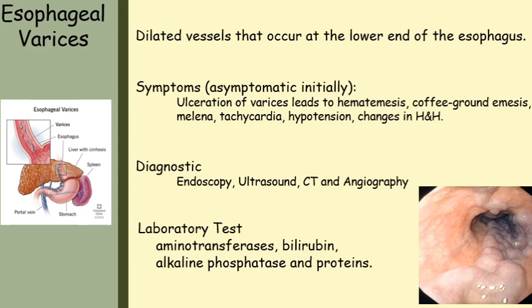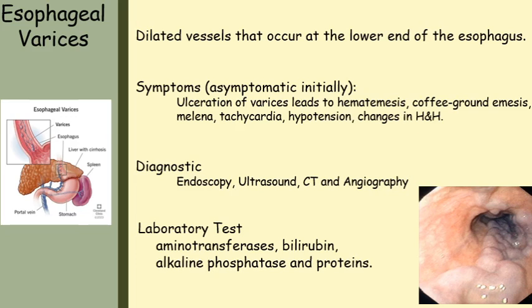They are very fragile, making them prone to rupture as the portal pressure increases. Rupture of these esophageal varices can cause massive hemorrhage. Somebody can bleed out and die. Further exacerbated by thrombocytopenia and impaired production of those clotting factors in the liver, this patient can bleed out and die very quickly on you.